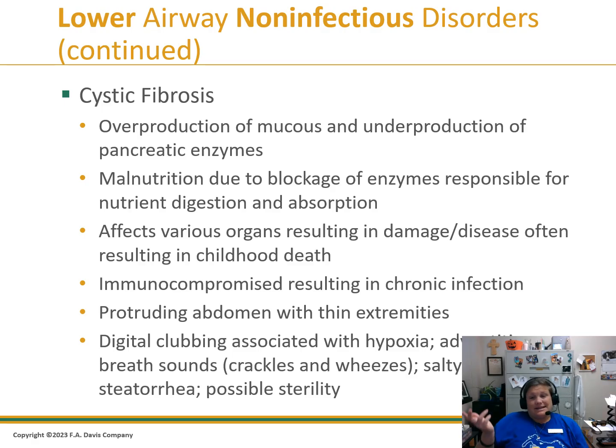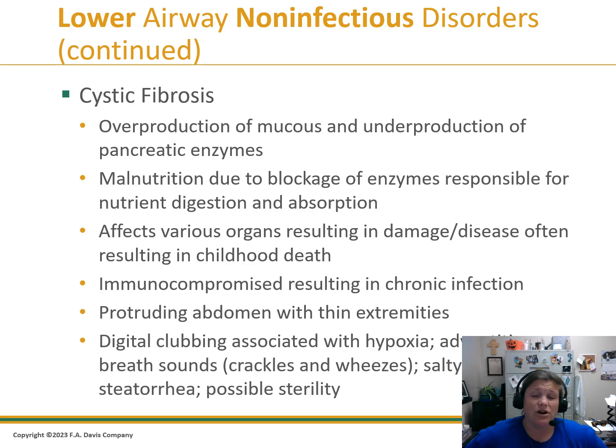The enzymes are not functioning properly, and it's not allowing them to do their job. It affects multiple organs, which we talked about, stomach and lungs being some of those. That can result in damage that's not reversible, and that can ultimately lead to death in the patient.